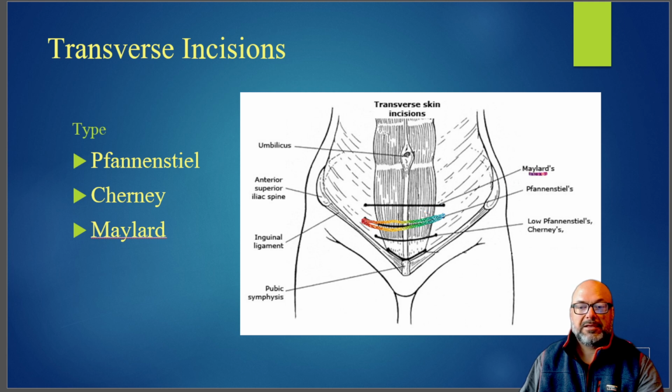Like we talked about with a Maylard incision, it tends to be a little higher up and more of a straight incision. We don't really tend to go very low with the Pfannenstiel, and you can see here we've gone from rectus muscle down to the rectus tendon to where it's inserting on the symphysis. We're going to talk about that when it comes to the Cherney type of incision, which is an additional step of dissection that you take after having done a Pfannenstiel.